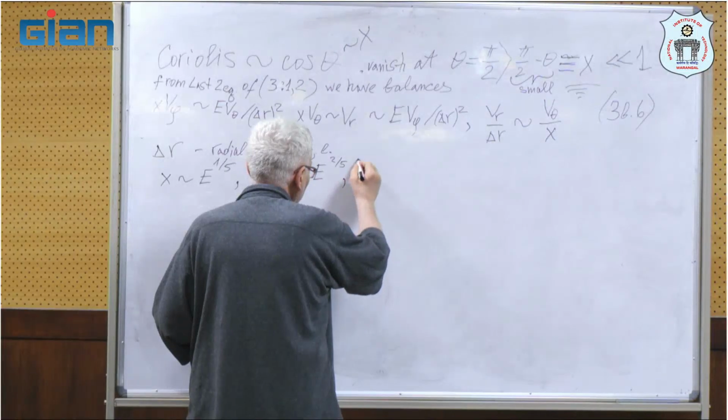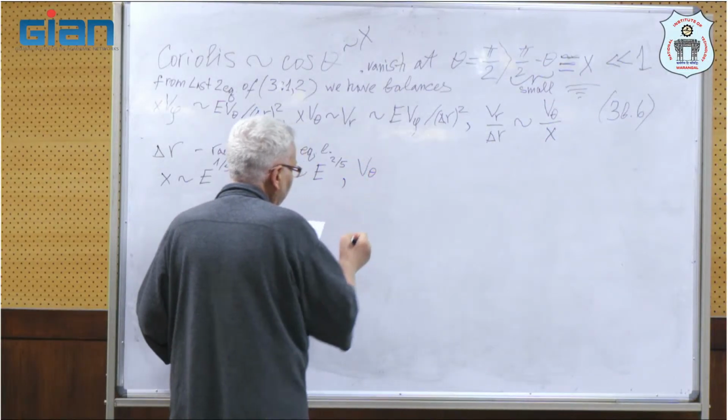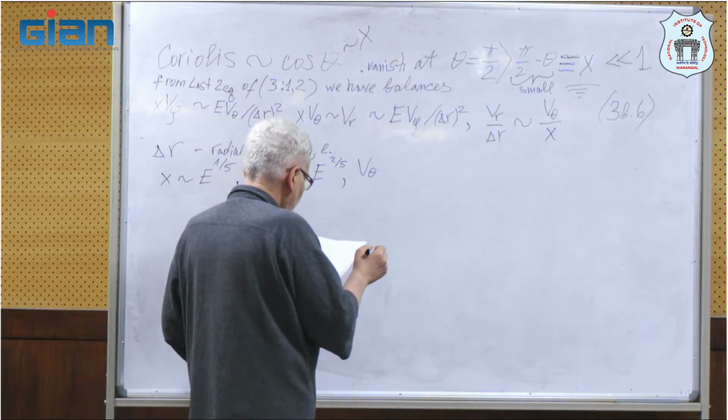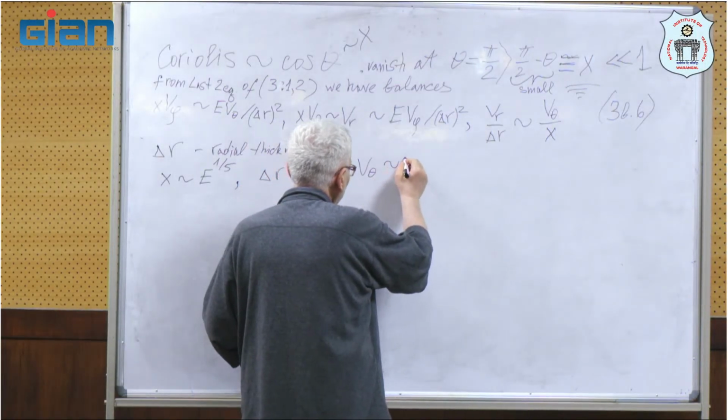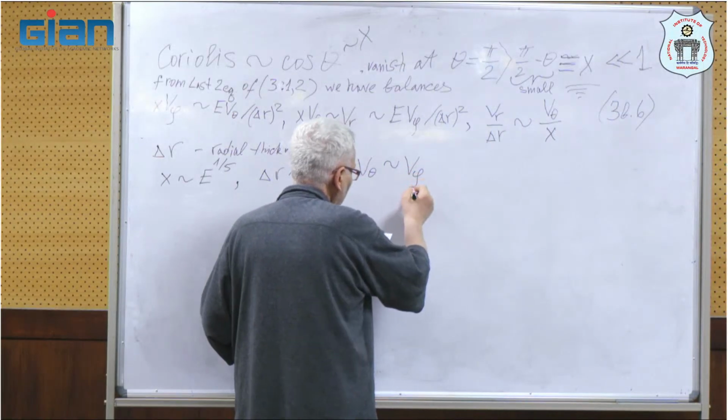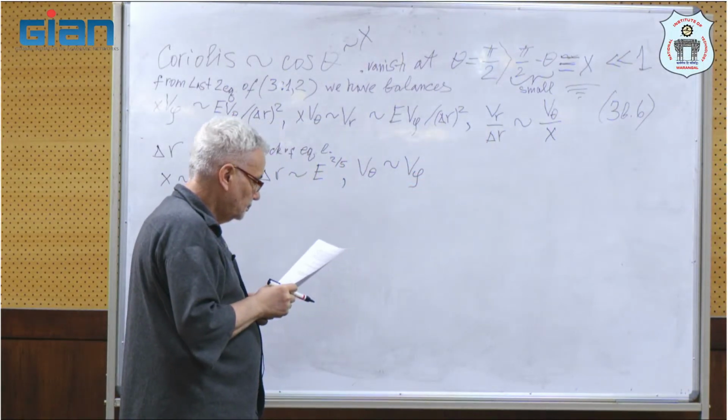the latitudinal velocity, in this case when the Coriolis force is small, is of order azimuthal velocity.